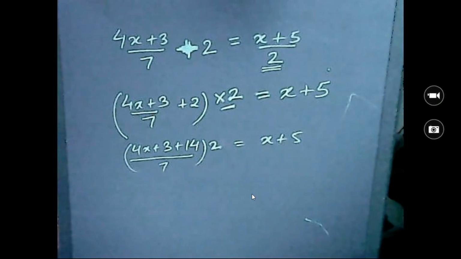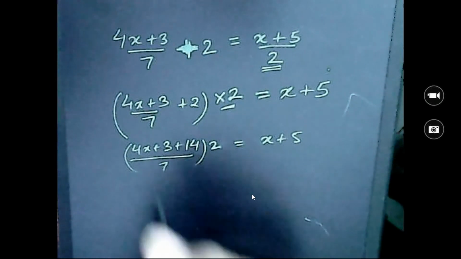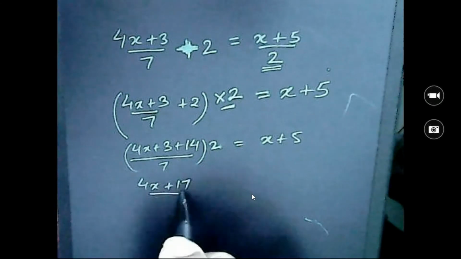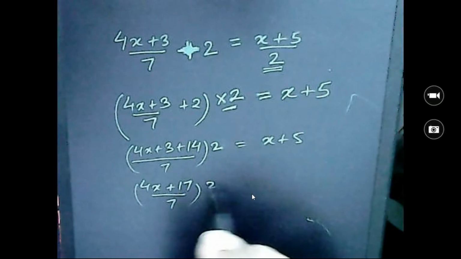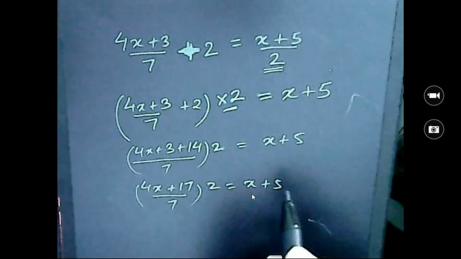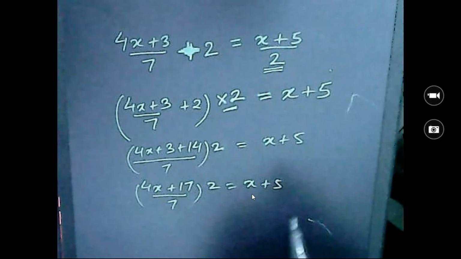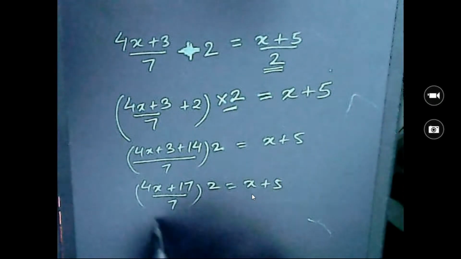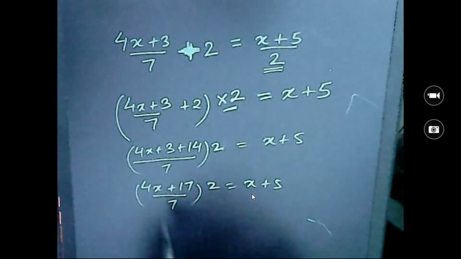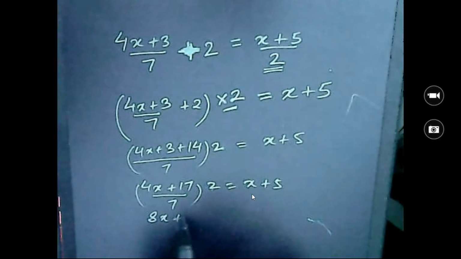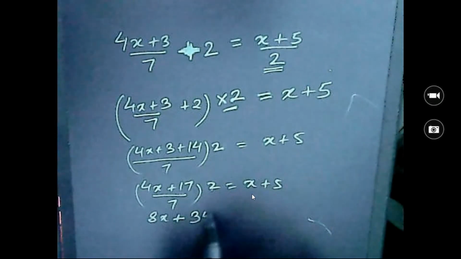Now, under this point, just go ahead and get 4x plus 17 upon 7 into 2, that will be equal to x plus 5. Okay, then it will become, just multiply it, 4 twos are 8x plus 17 twos are 34.